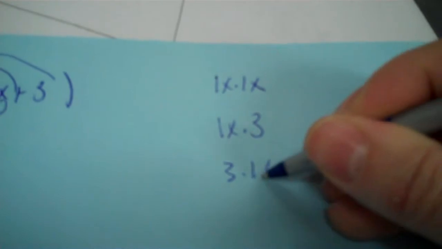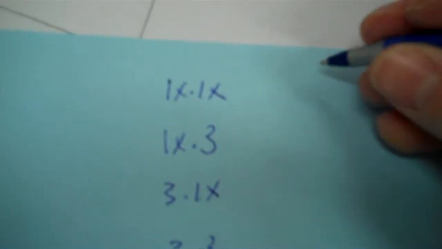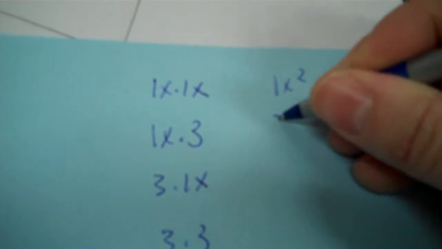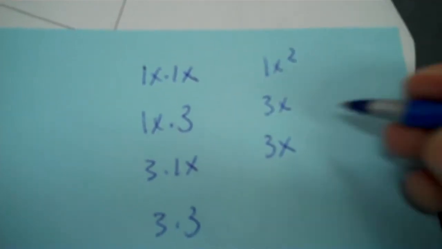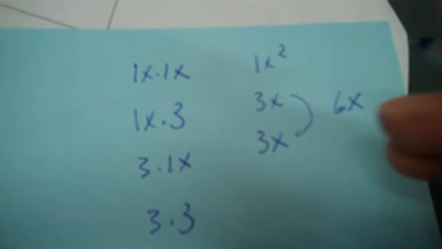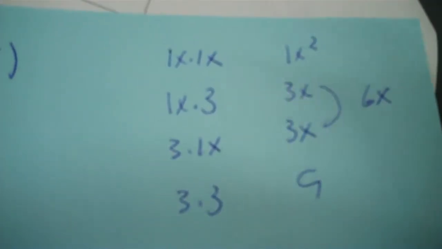So 1x times 1x, 1x times 3, 3 times 1x, and 3 times 3. 1x squared, 3x, 3x, that makes 6x, okay? And then 9, so I have 1x squared plus 6x plus 9.